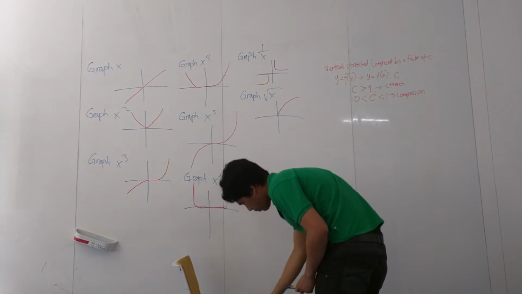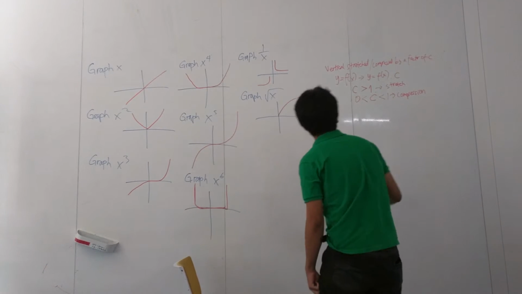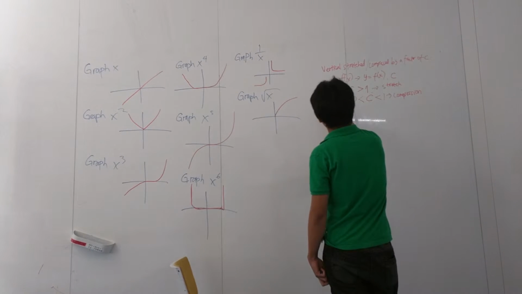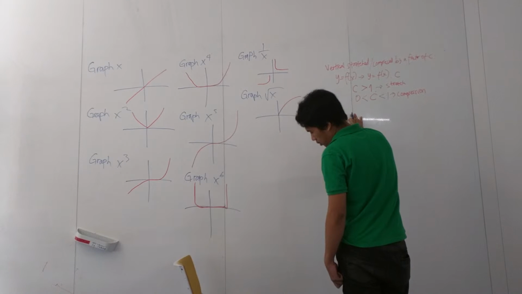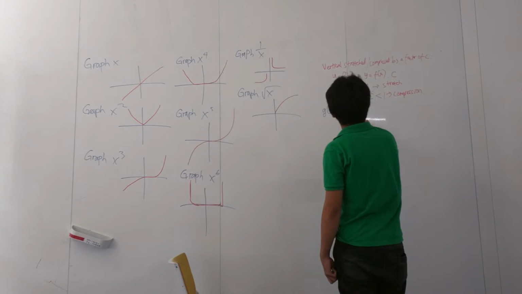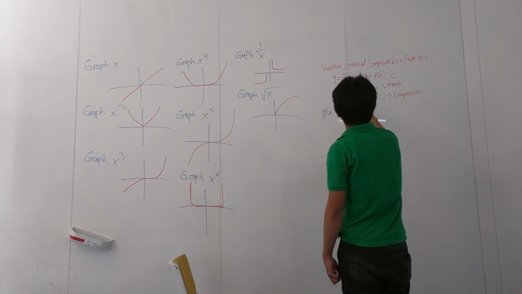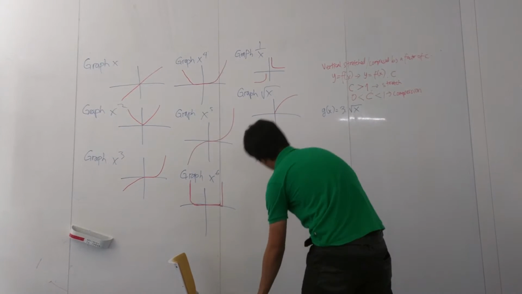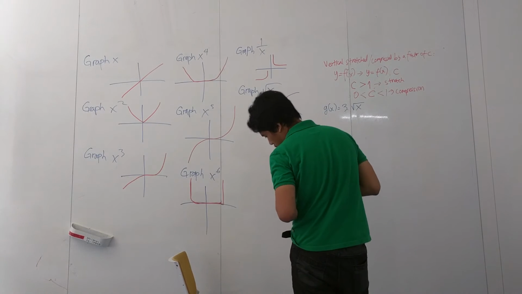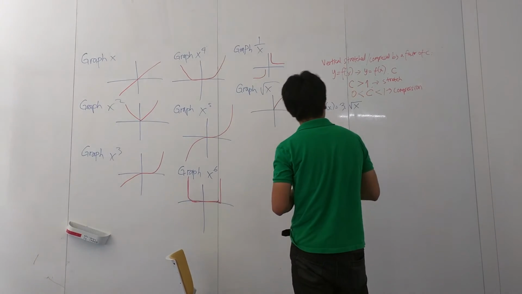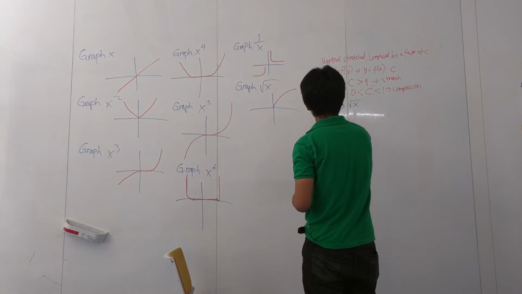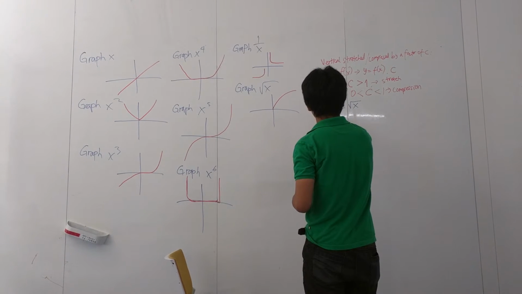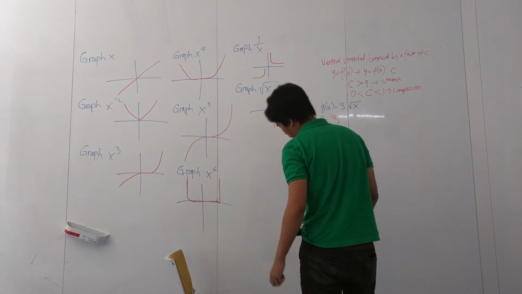For example, we have g(x) equals 3 times the root of x. First, the thing we should know is the c. The c we got here is 3.